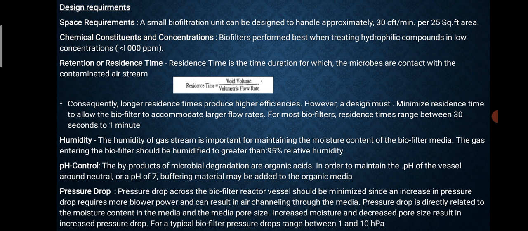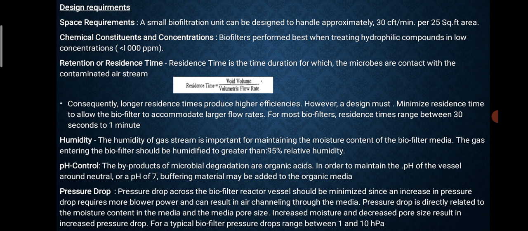Humidity. The humidity of gas stream is important for maintaining the moisture content of the biofilter media. The gas entering the biofilter should be humidified to greater than 95% relative humidity.